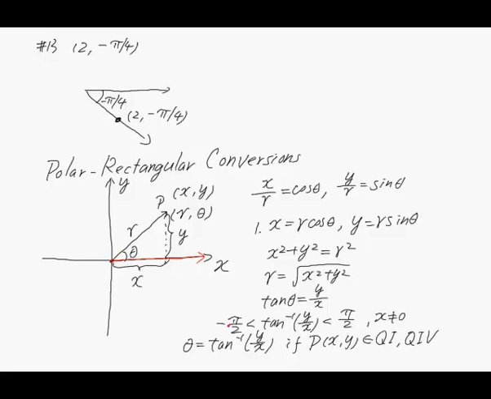If you have this negative acute angle, then this point is in quadrant 4. But if the point is in quadrant 2 or quadrant 3, then since we just take the positive square root for the value of r, we have to add pi to this inverse tangent of y over x. Let's move to the next page.